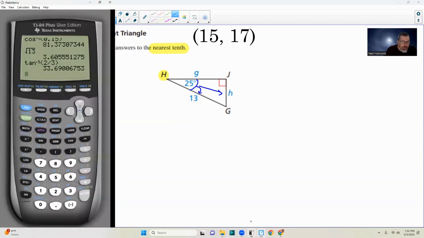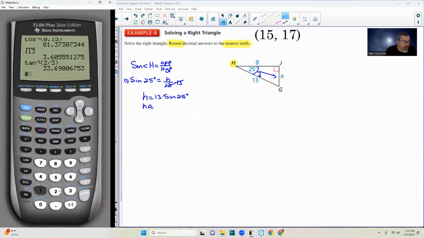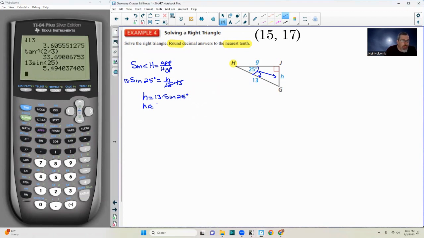I'm going to get my calculator out, and I'm going to put 13, and you don't have to hit times, just hit sine. That means 13 times the sine. And I put 25 degrees in and close the parentheses and hit enter. And I got 5.49, which rounds to 5.5. So H is approximately 5.5 units long.